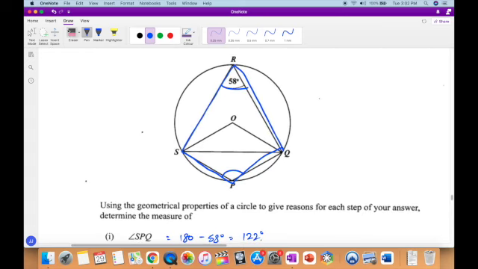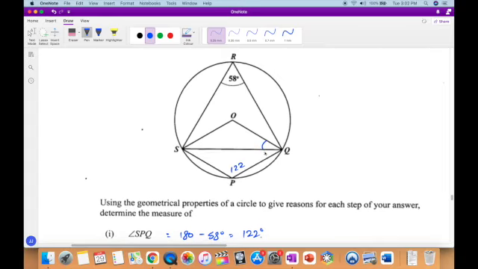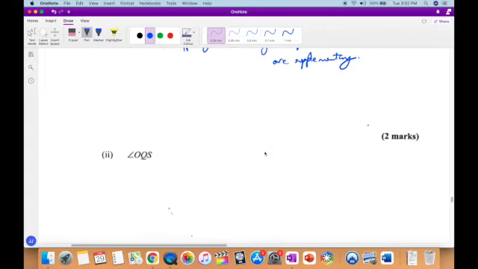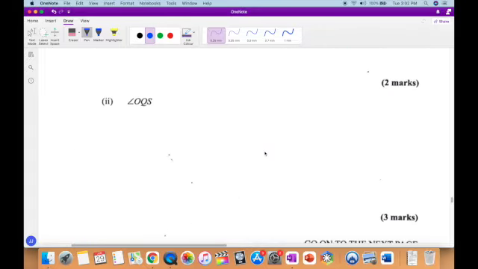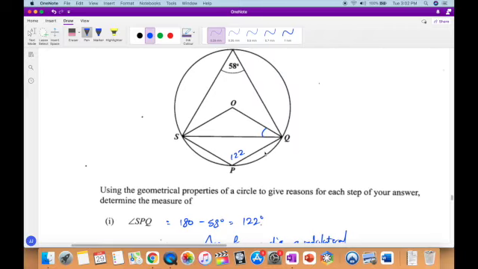OQS. So I want the angle. What did I get here? 122. So 122 is here. OQS is this angle over here. You see it's 3 marks, so it may be a little bit more.